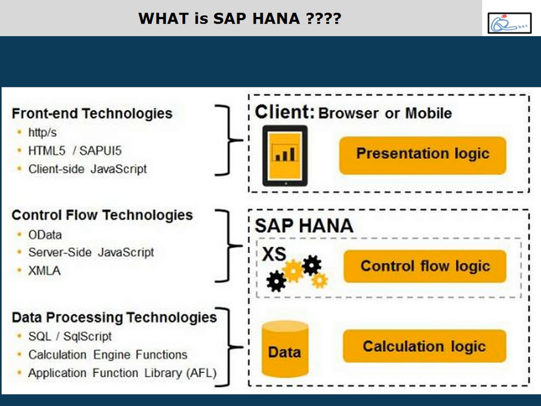To implement that business logic, I would go with either creating a stored procedure with SQLScript or with CE functions, or I can also use the Application Function Library, which is already delivered by SAP. These are ready-made functions delivered by SAP to implement predictive analytics logic or business function logic, which are actually written in C++. These libraries were developed using C++ as a language.